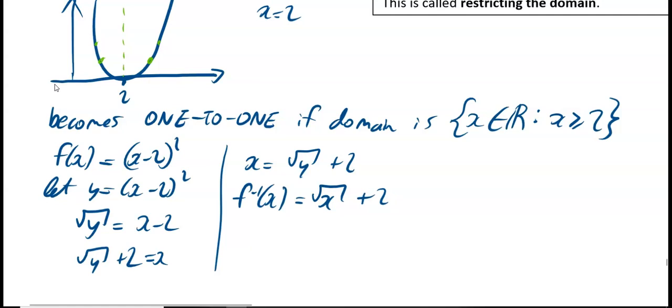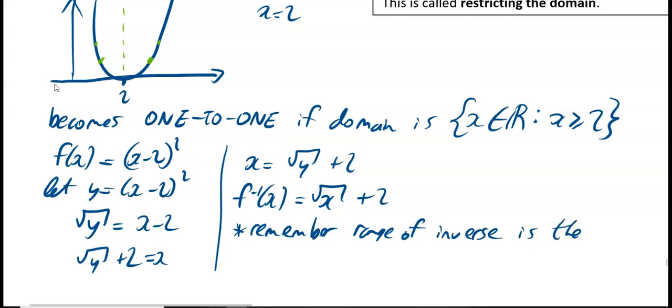Okay, and remember the range of the inverse is the same as the domain of the original. So the range of the inverse is the same as the domain of the original.